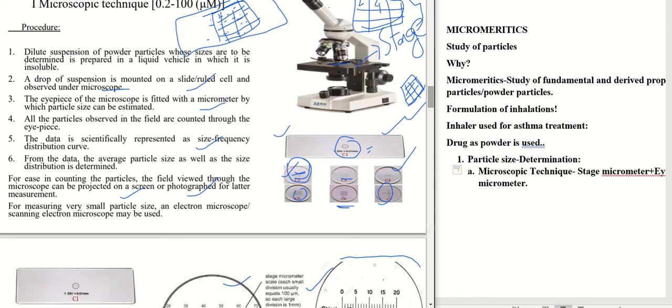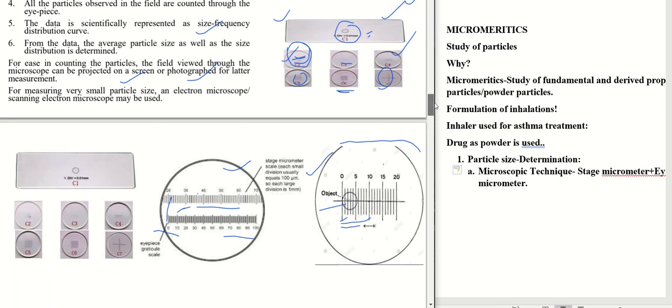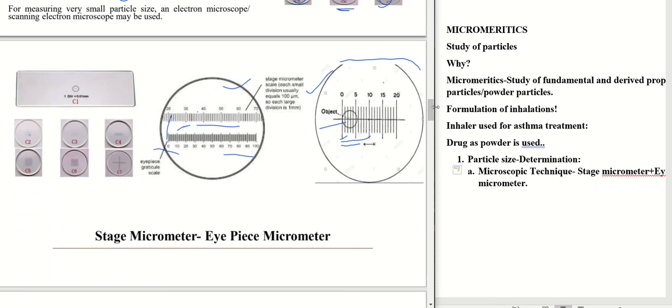So in sophisticated microscopic techniques, we have this feature where the microscopic observations can be projected over a screen, or even connected to a computer screen. This method is most widely used in laboratories. It is the method where even the particle number and the particle size distribution can be obtained.